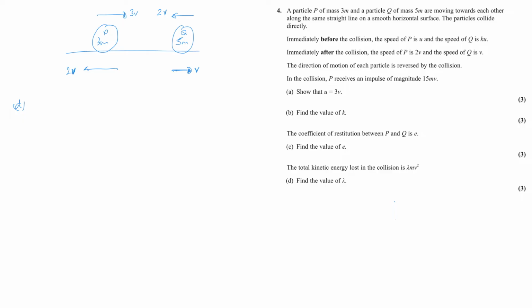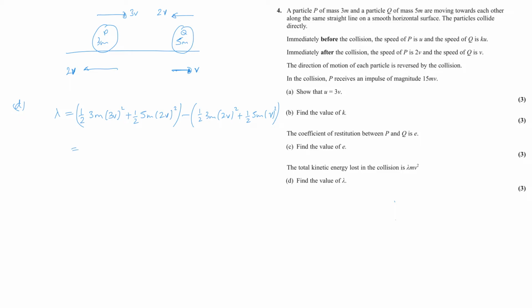Okay, so the loss of energy due to the impact is lambda, so that's equal to half m times u squared plus a half 5m times 2v squared, that's u squared, minus a half 3m times 2v squared plus a half 5m times v squared.